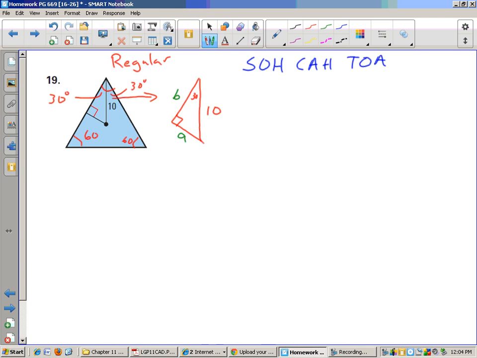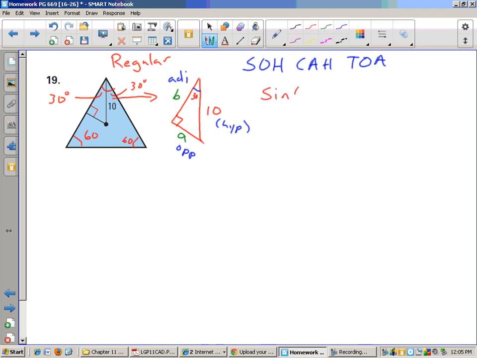So, Sohcahtoa here, 30, A is opposite, B is adjacent, and 10 is hypotenuse. So what could I use to find A? Sine would be opposite over hypotenuse, so that would be a good one to start with, okay?